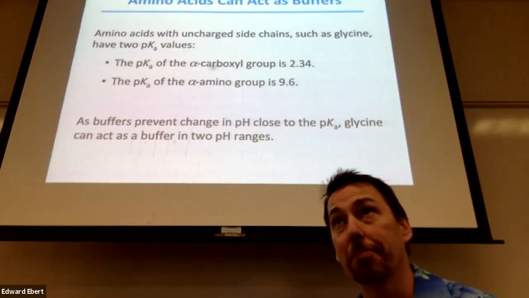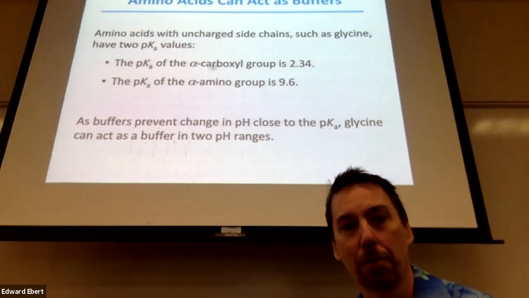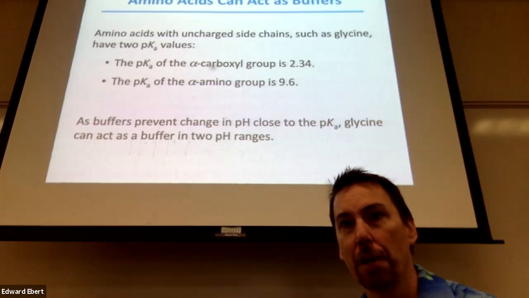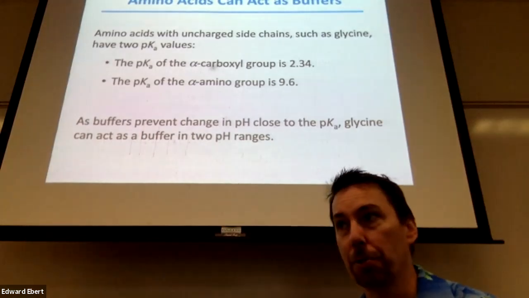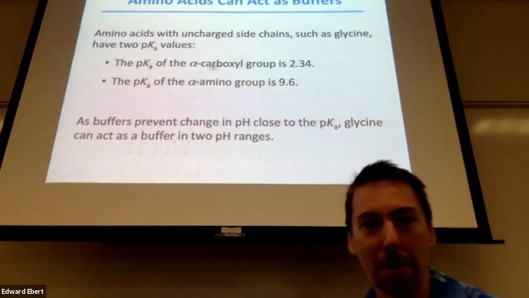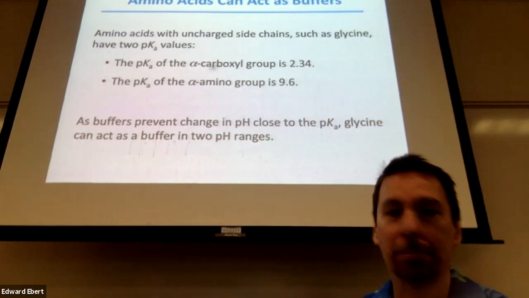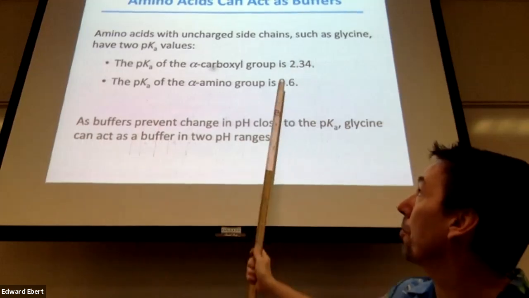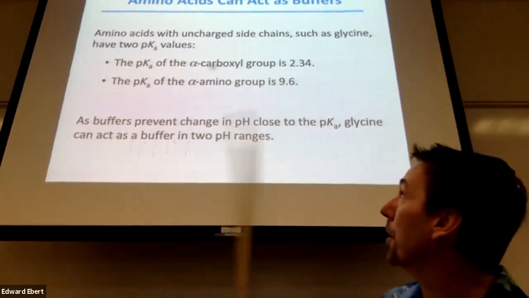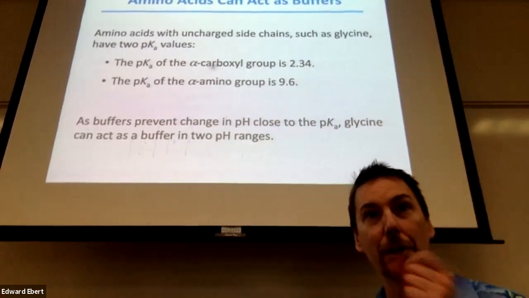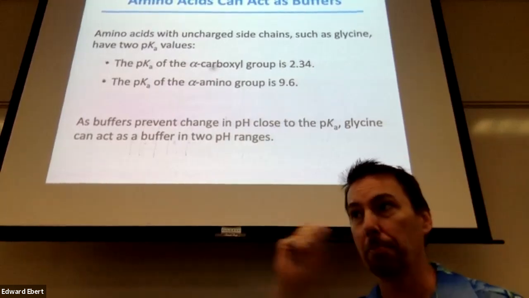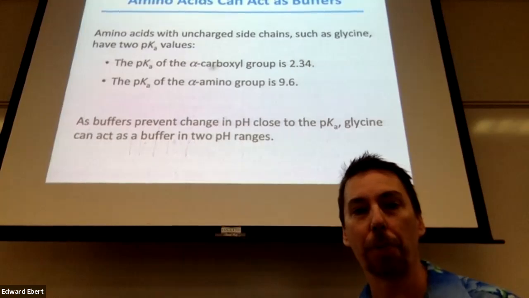If you do DNA separations, like Southern or Northern blots, you'll probably make your gel using a glycine buffer. So, glycine, we can have a pH of 2.34 or a pH of 9.6, plus or minus 1. Basically we can make a buffer 1 pH unit above or below our pKa's.